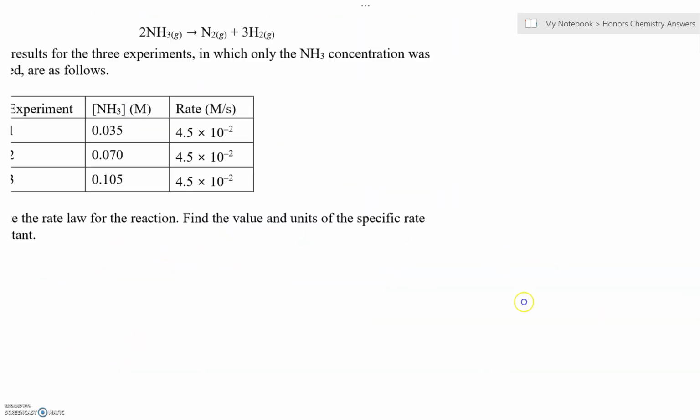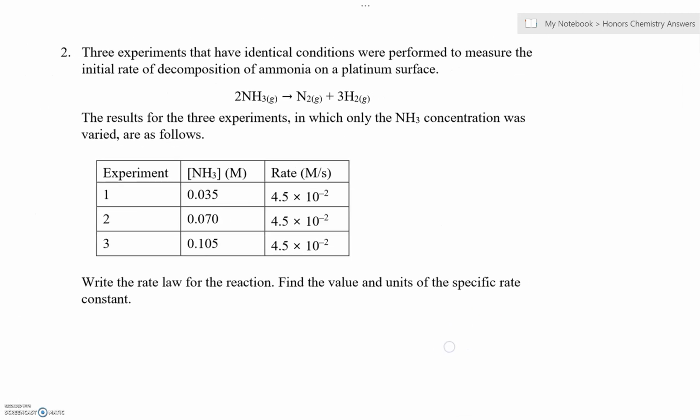So let's take a look at number 2. I've put it down here, moved it over a bit. All right. Oh, look at this. Something interesting is going on. We have one reactant. And look what happens. When we double the concentration from 0.035 to 0.07, the rate goes from 4.5 times 10 to the negative 2 to 4.5 times 10 to the negative 2.